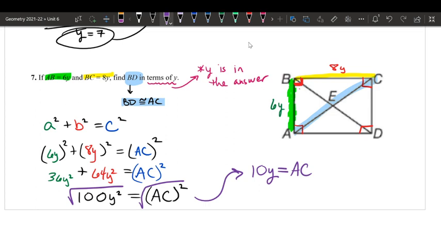And AC also equals BD. So 10y. That's in terms of y.